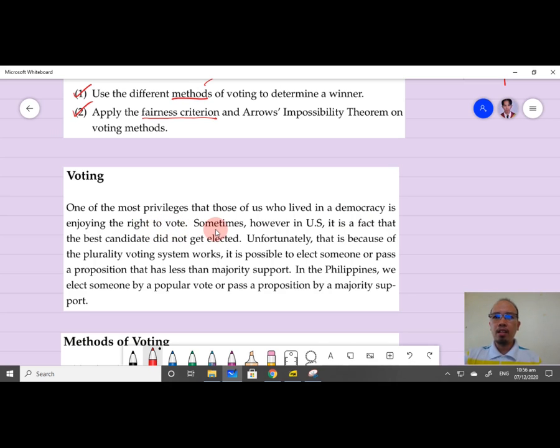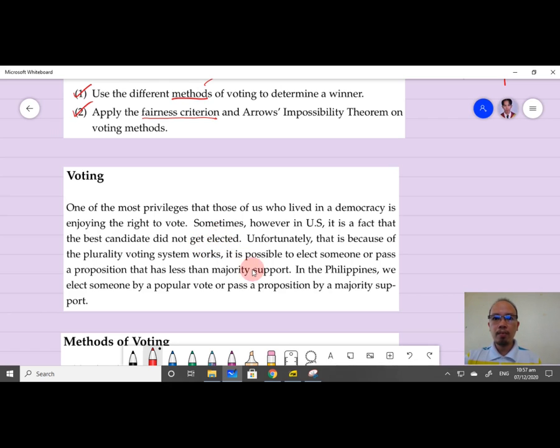And if you notice in the 2020 election in the US, where Biden and Trump are the candidates for presidency. Before that, Hillary Clinton and Donald Trump. I don't know if you follow that election, but the best candidate did not get elected.